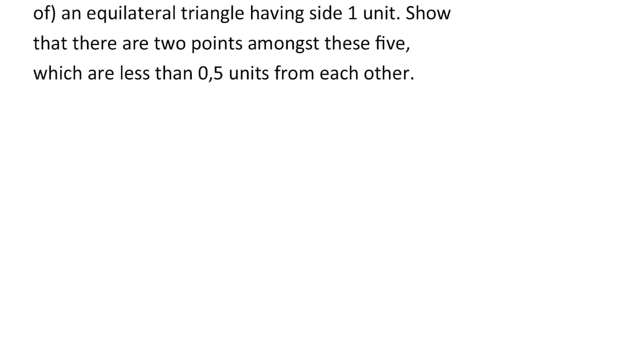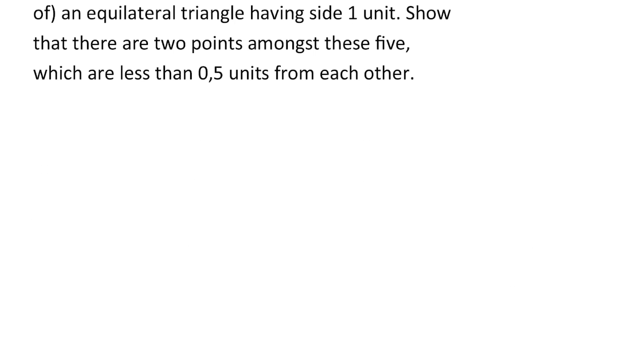So this problem says 5 points are placed inside, not on the boundary of, an equilateral triangle having side 1 unit. Show that there are 2 points among these 5 which are less than 0.5 units from each other. Okay.